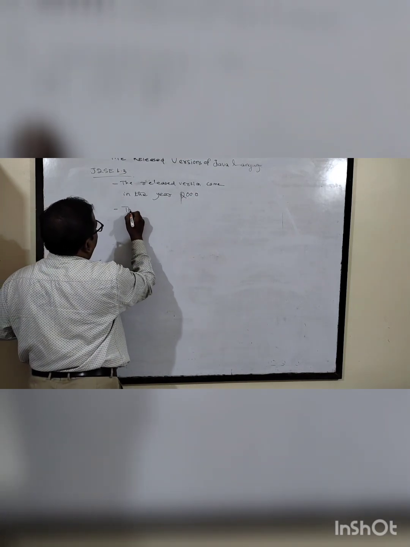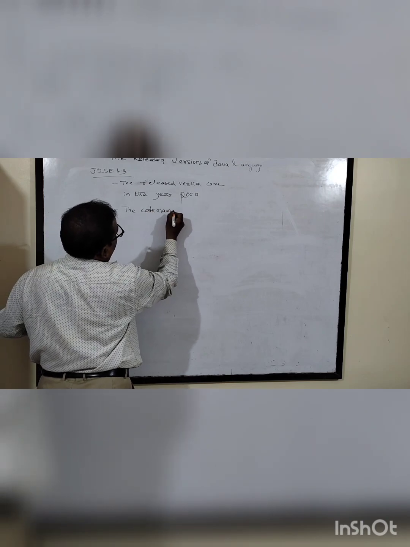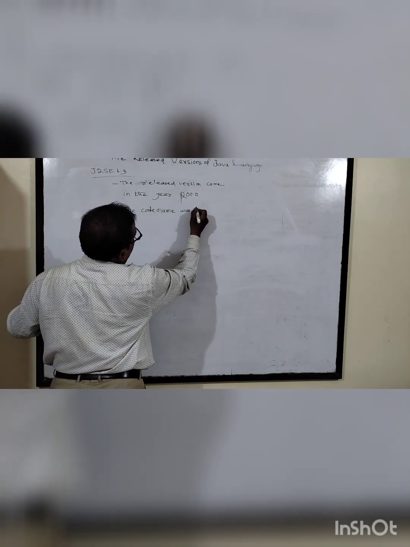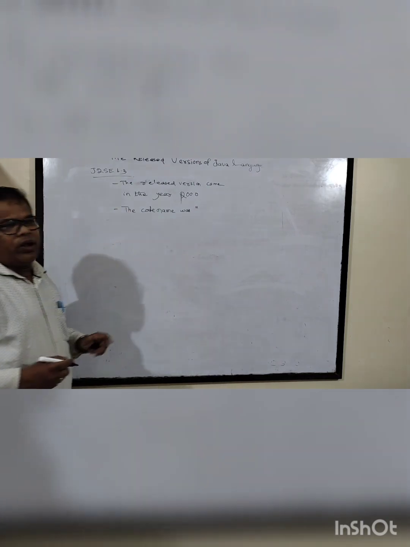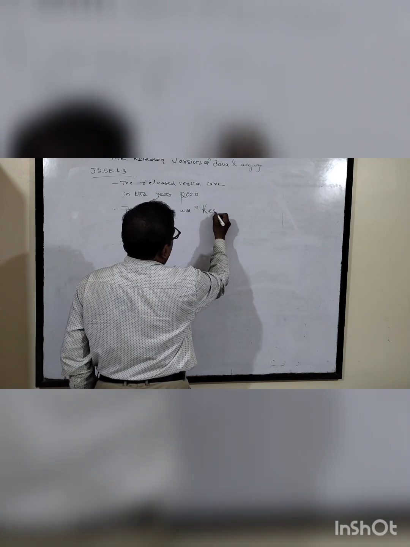This is one of the revolutions. The code name, what is the code name here? It is called Kestrel. The name was called Kestrel.